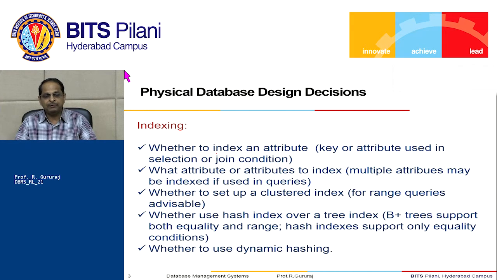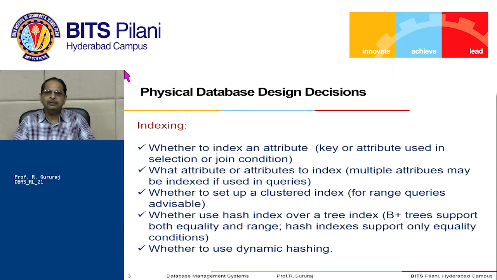And lastly, we need to take decisions regarding whether to use dynamic hashing or static hashing, if we go with the hashing technique, because static hashing is more suitable for files which are static in nature, meaning that they don't grow or shrink over a period.